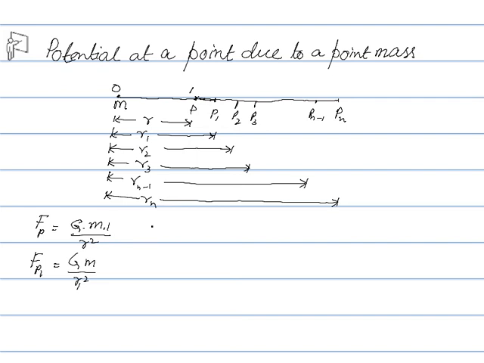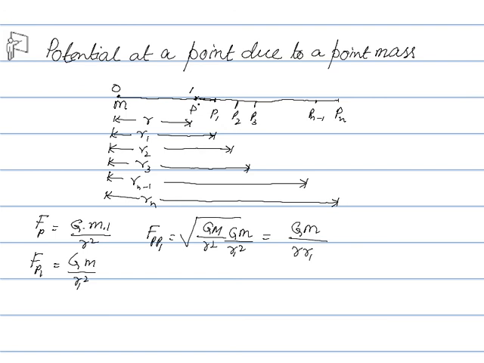That is, the force between P and P1 is the geometric mean of these two forces, GM by r square into GM by r1 square. So that is equal to GM by r1.